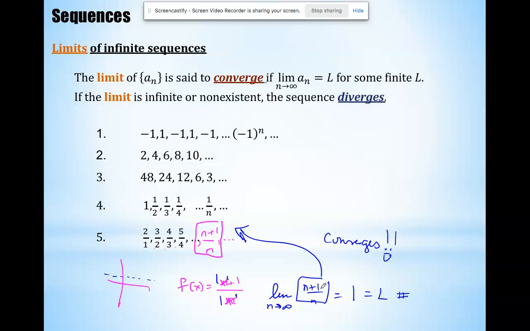But this first idea of converging and diverging is new language, and it ties to your prerequisite knowledge of graphs and what their end behavior looks like, tying the idea of convergence to a limit and graphically to a horizontal asymptote as n goes to infinity. Okay? Pretty cool.